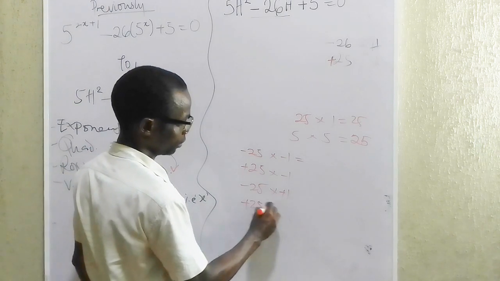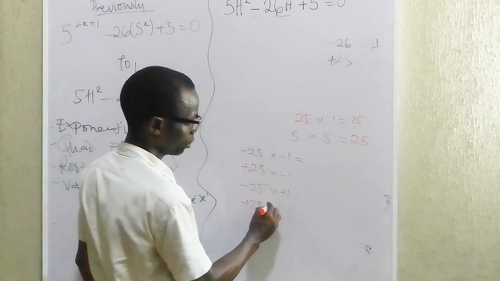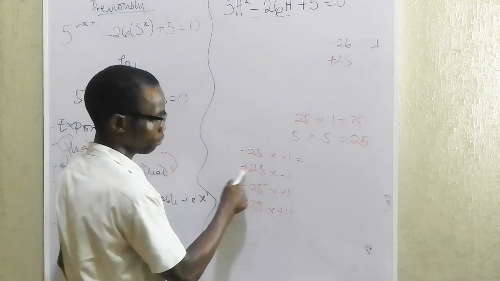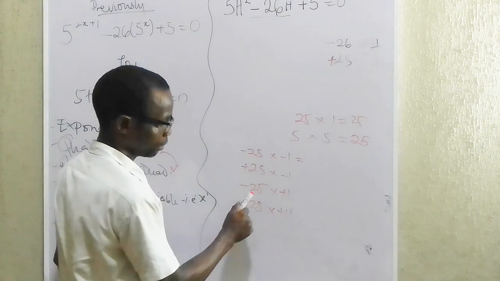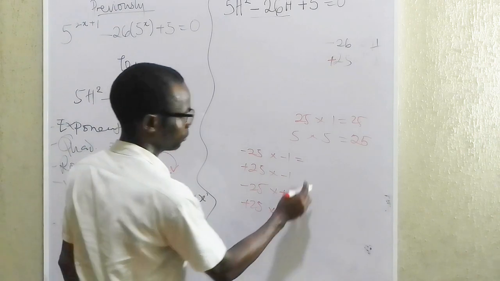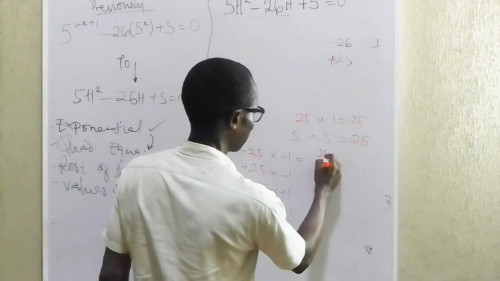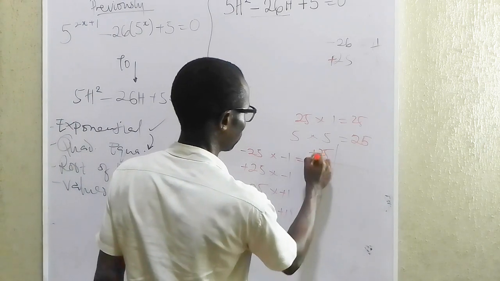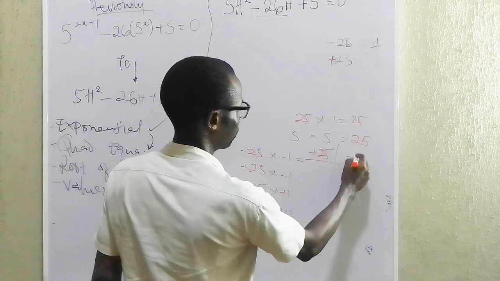Plus 25 times plus 1. Let's see. So I have minus, minus, plus, minus, minus, plus, plus. Now let's see if it goes to plus 25 and minus 26.